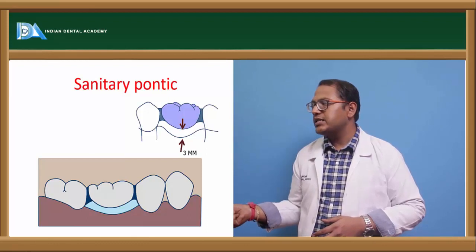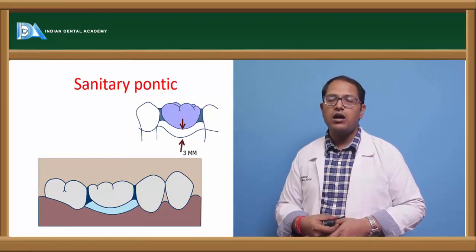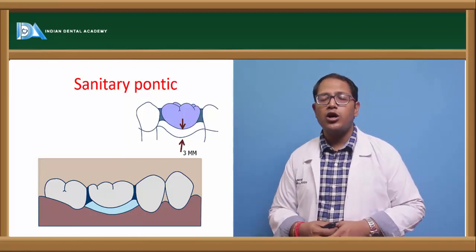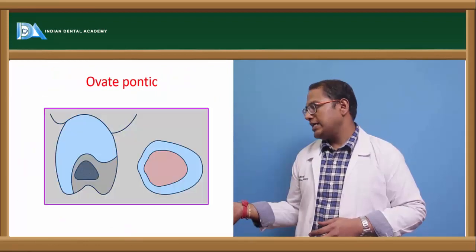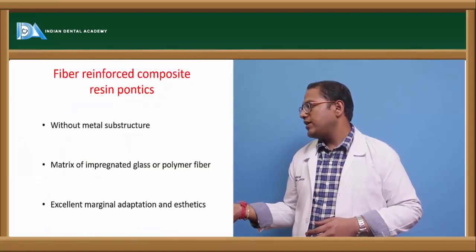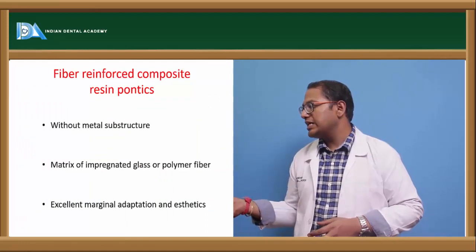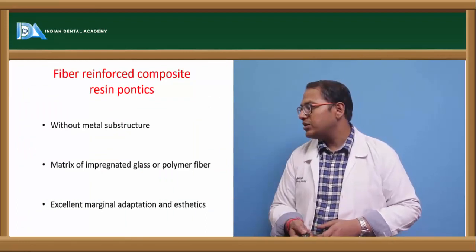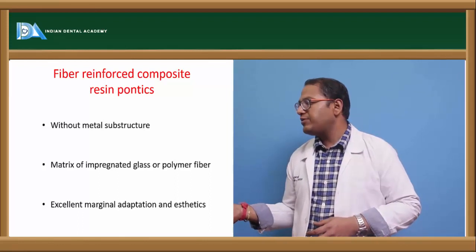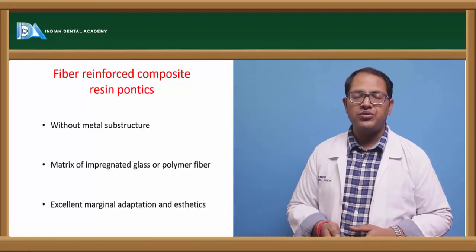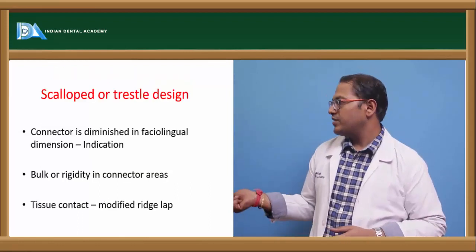So the aesthetics part is solved. Fiber reinforced composites are not for function but for aesthetic concern. So that is fiber reinforced composite without a metal substructure, a matrix of impregnated glass or polymer fiber which I was speaking about. Excellent marginal adaptation and aesthetics. Poor, of course, in its function.